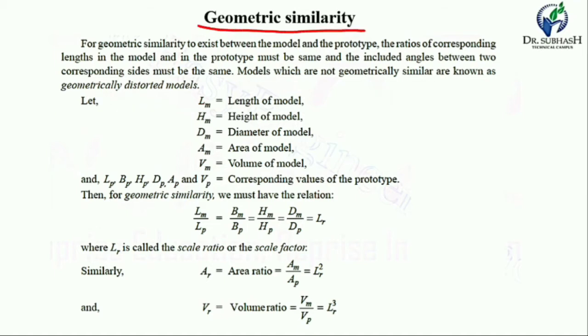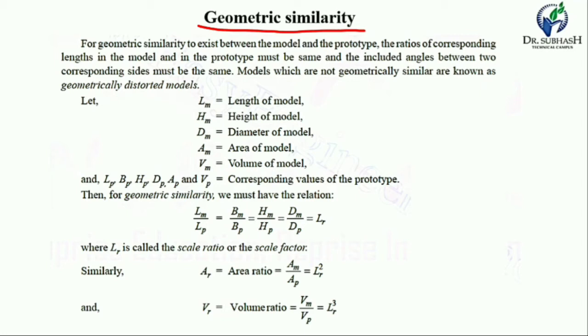In short, if the ratio of the length of model to prototype is a constant, then the model is geometrically similar to the prototype.